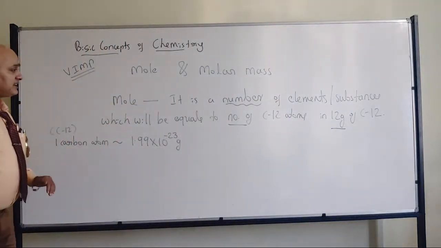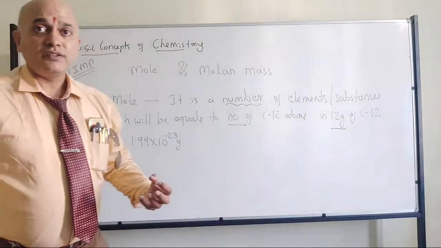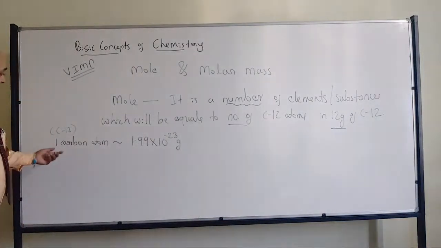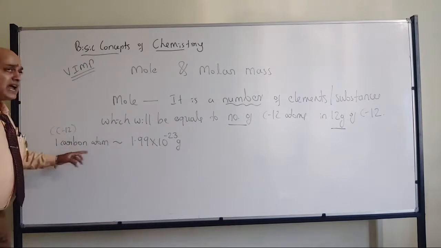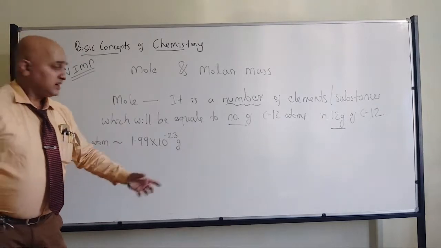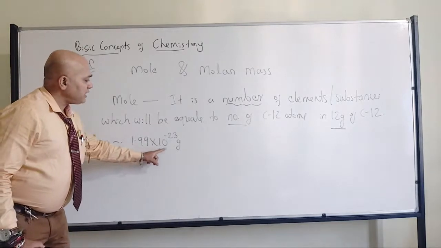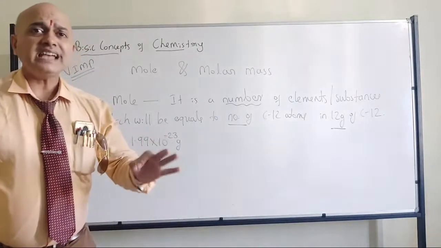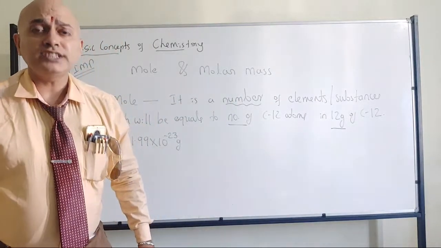Fine. So in that case, if I want to see what is that number, what we are doing here is, we know that 1 carbon atom is going to weigh somewhere around 1.99 into 10 to the power of minus 23 gram. It is exactly 12 times more than that of the hydrogen atom.